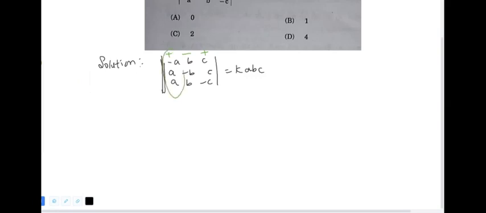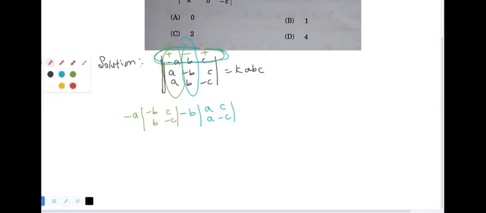Expanding the first element, plus into minus is minus a into the minor, minus b, c; b, minus c. Then the second element, minus b, with a, c; a, minus c. Then the next one, plus c, neglecting that row and column, we take the remaining a, minus b; a, b, equal to kabc.